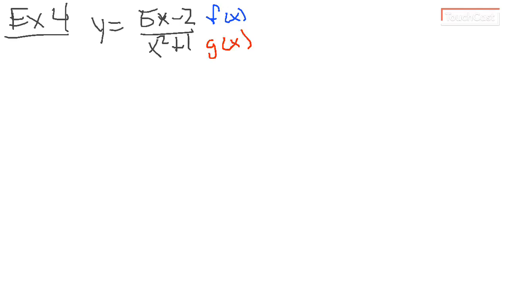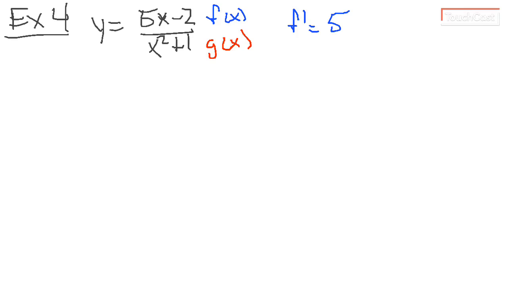So if we let those be f of x and g of x, we can find f prime by just taking the derivative of the numerator. F prime is going to be 5. If we took the derivative of 5x minus 2, we'd get 5.